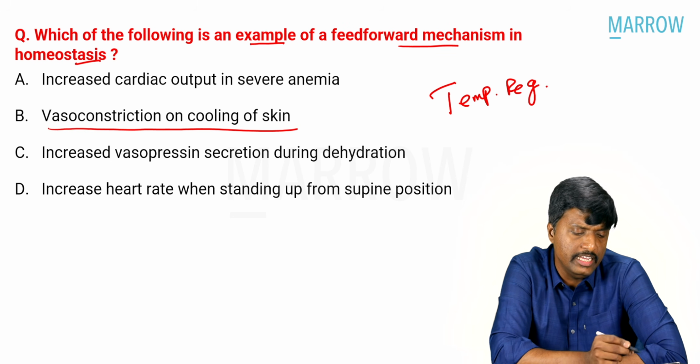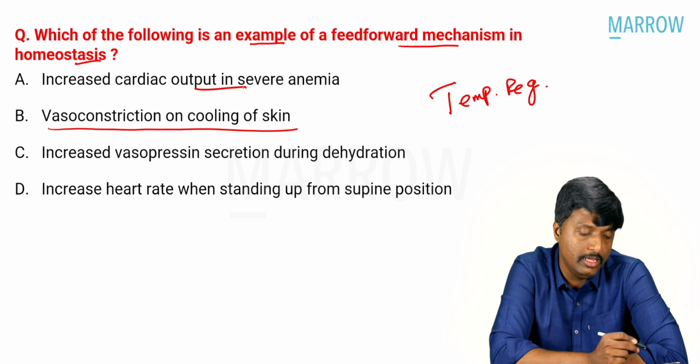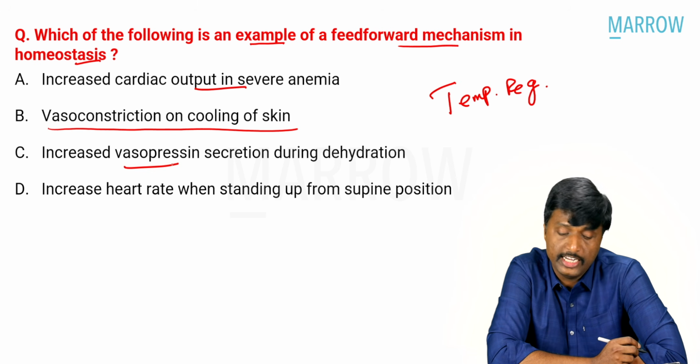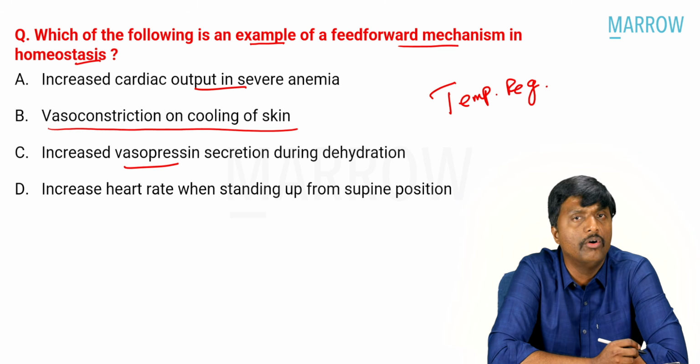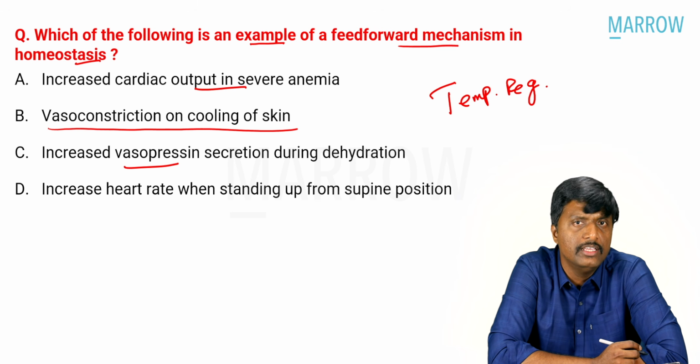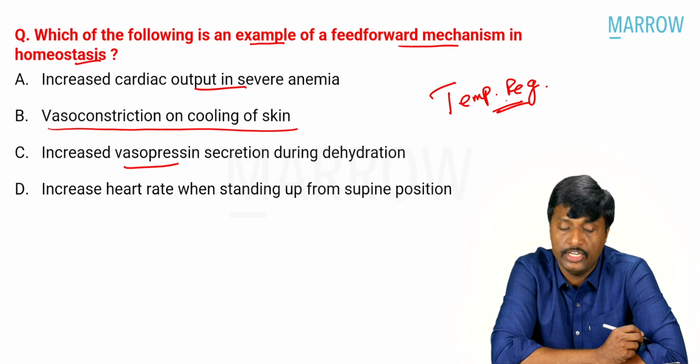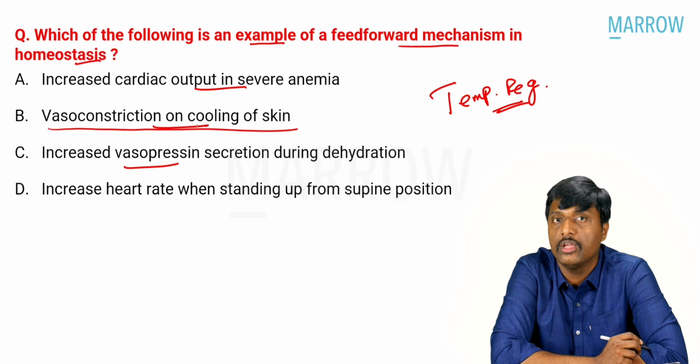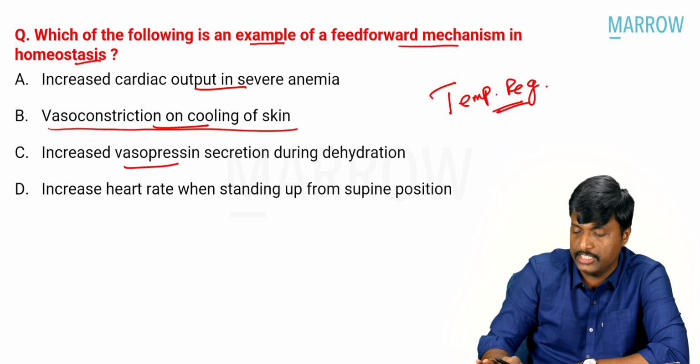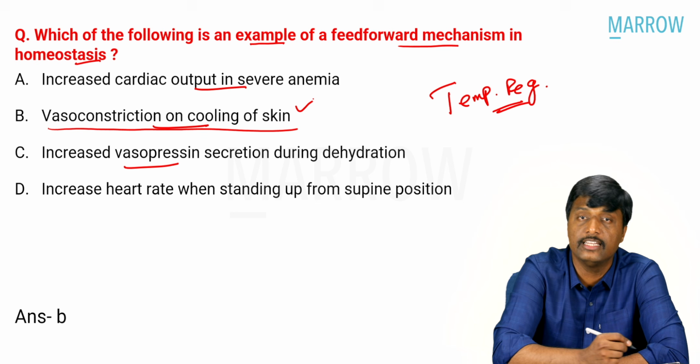Other options, increased cardiac output in severe anemia, increased vasopressin secretion during dehydration, increased heart rate when standing up from supine position. All these are negative feedback mechanisms. Concerned with temperature regulation, vasoconstriction on cooling of skin, feed-forward mechanism. So, option B is the answer here.